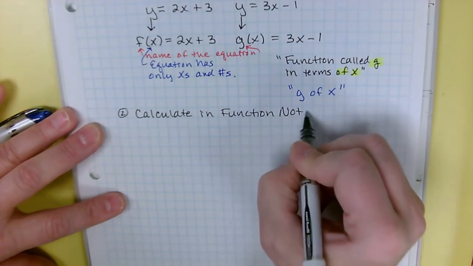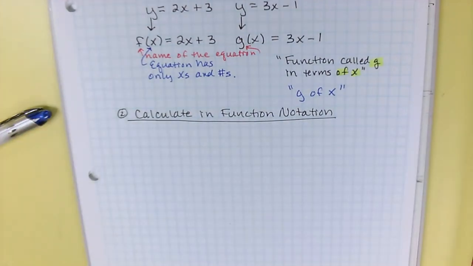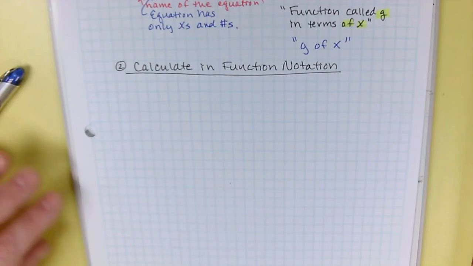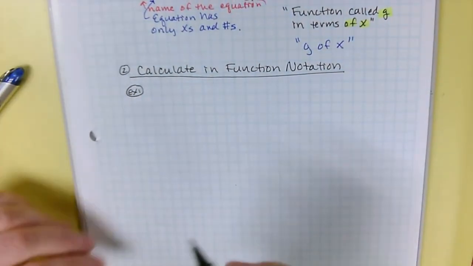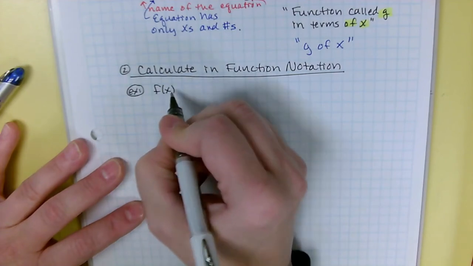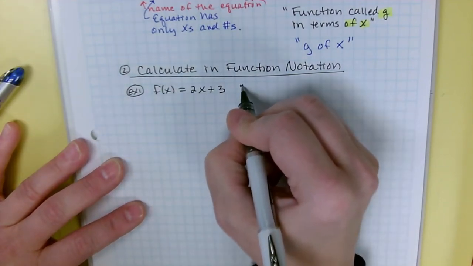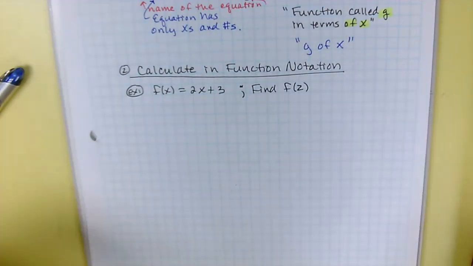The actual math is pretty simple. The main point is you're learning to recognize function notation and how to use it. That's the focus. Okay, let's say that you've got f of x equals 2x plus 3, and you're supposed to find f of 2.